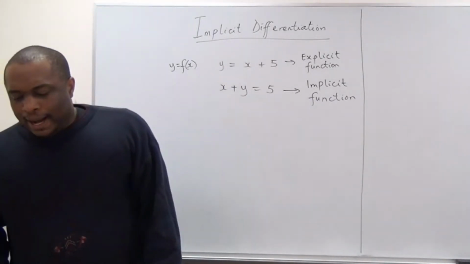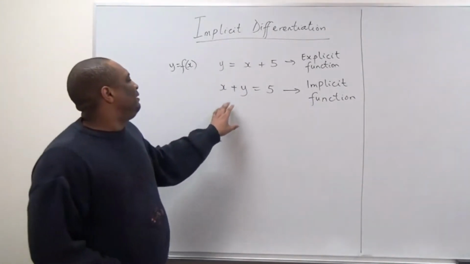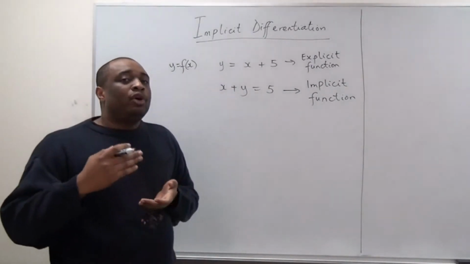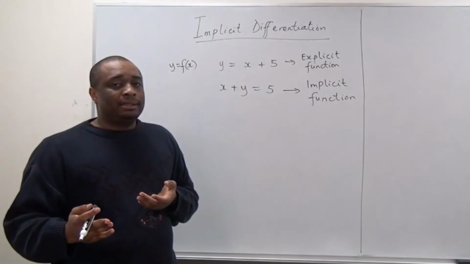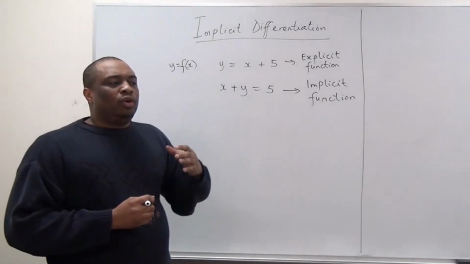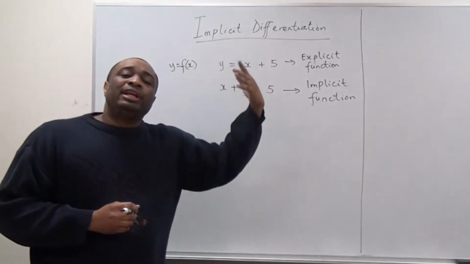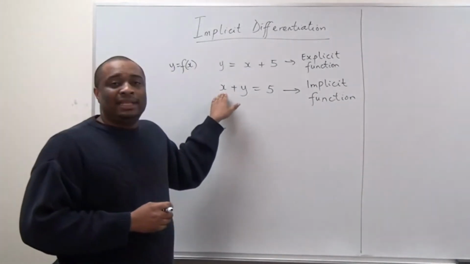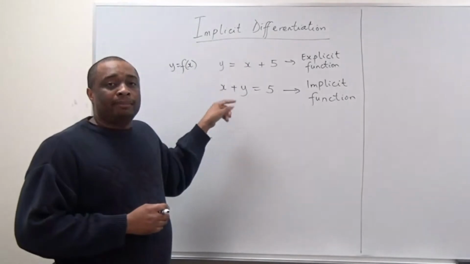All right. And in implicit differentiation, we have to differentiate each term with respect to x. So you need to know the rules of differentiation, those rules. When you're differentiating the x, it's not a problem.